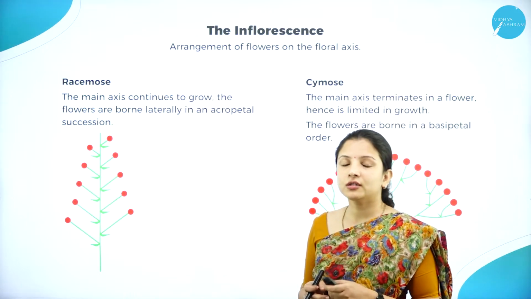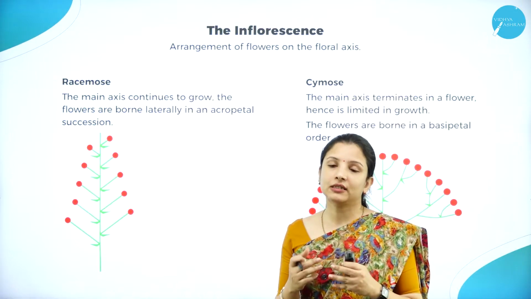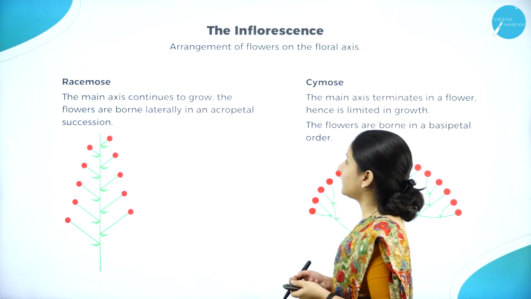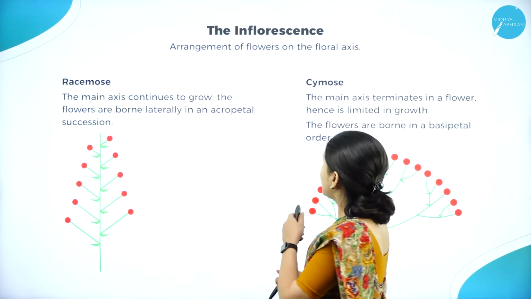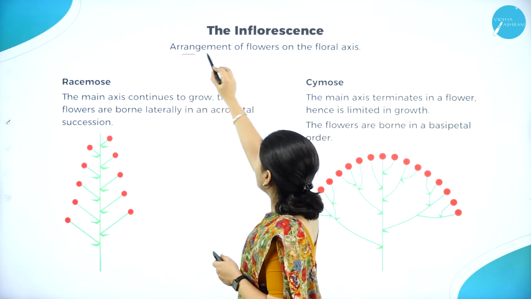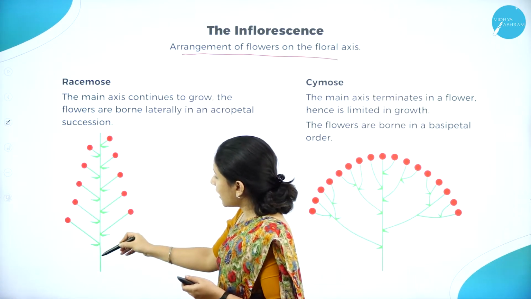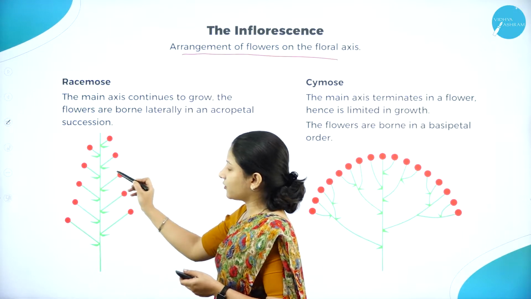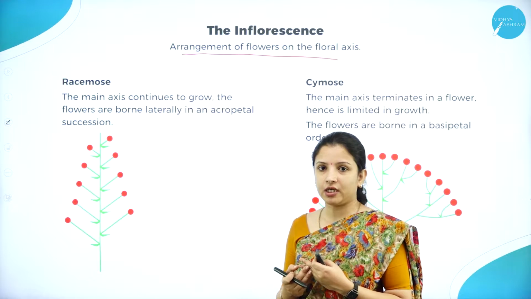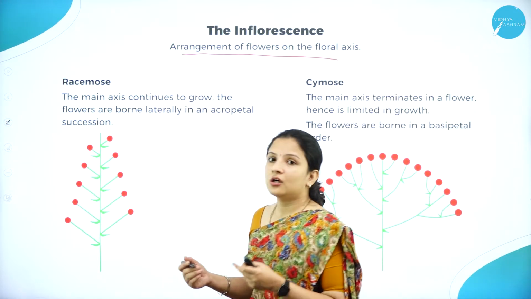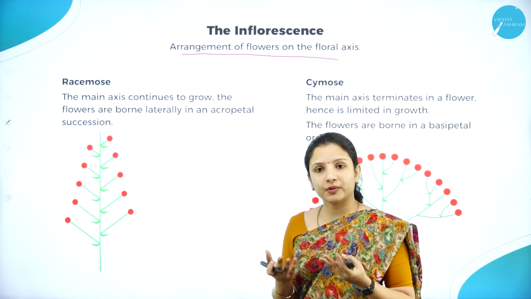So, based on the arrangement or position in which the flowers are placed in an inflorescence, they are divided into two types. In other words, based on the arrangement of flowers on the floral axis. If a flower is solitary, with only one flower on the pedicel, then there is no particular arrangement.